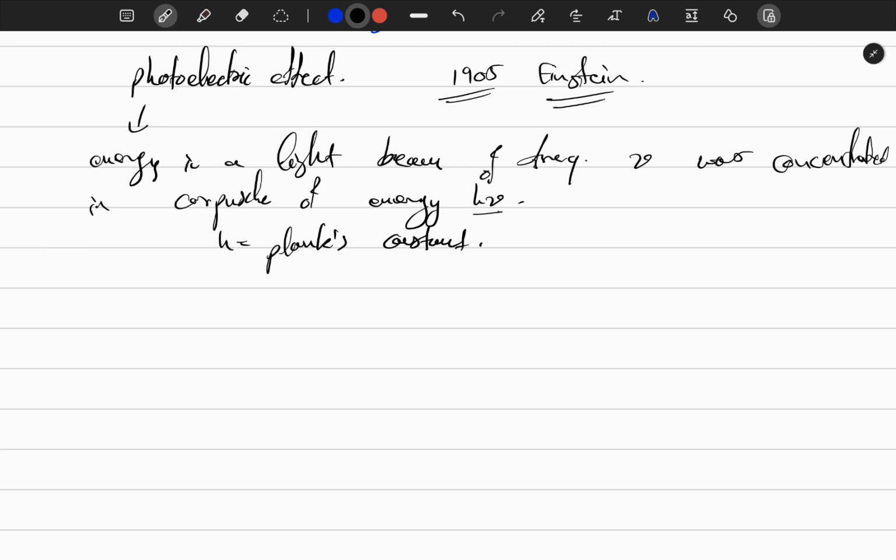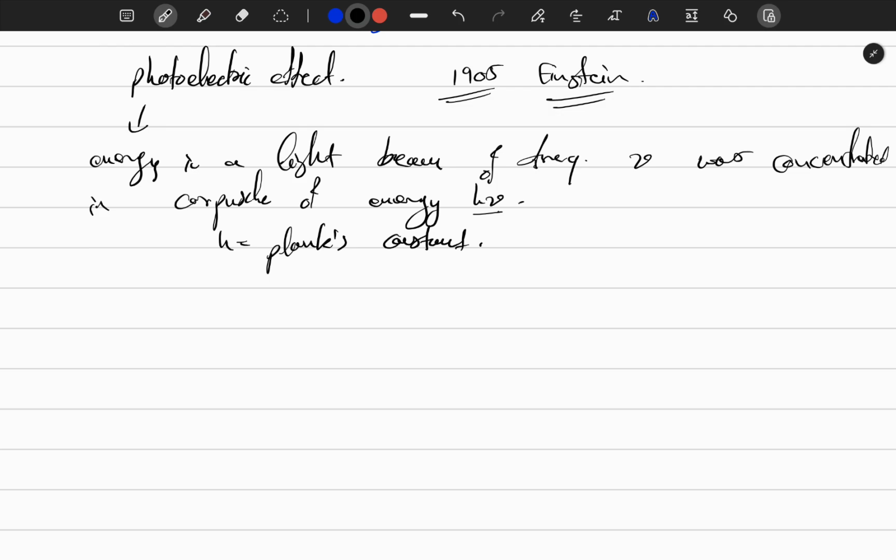Indeed, it seems to me that observations of black body radiation, photoluminescence, production of cathode rays by ultraviolet light, and other related phenomena associated with the emission or transformation of light appear more readily understood if one assumes that the energy of light is discontinuously distributed in space.